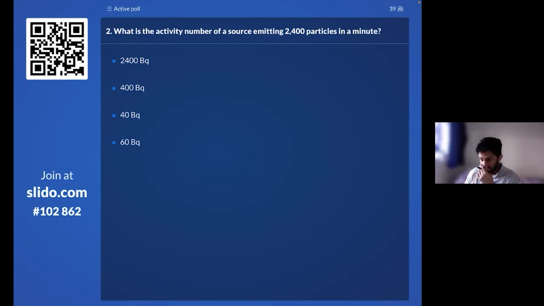We're told that this source emits 2,400 particles in a minute, so hopefully this is a hint for you guys. Remember, a Becquerel is the number of unstable atomic nuclei that decay per second. We've been given particles in a minute, and we essentially just want particles per second.